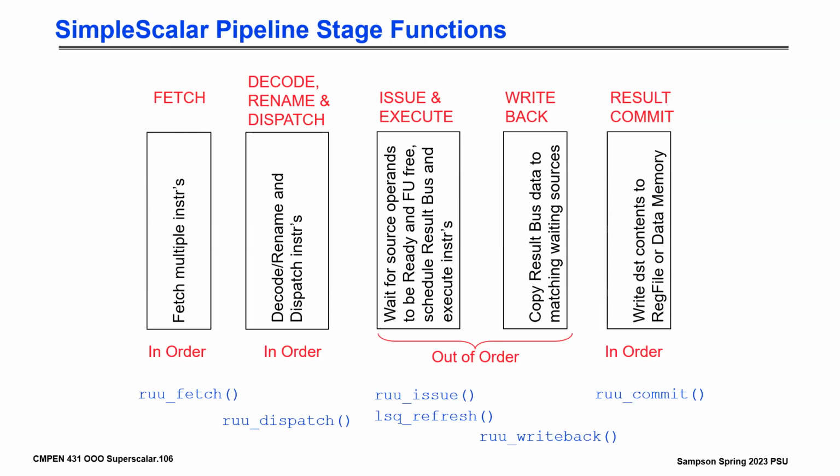The functional units are modeled in a more asymmetrically allocated proportion. The banking within the memory system is actually modeled. More details are modeled. But at the high level, it's the same sort of thing that we've been doing here.